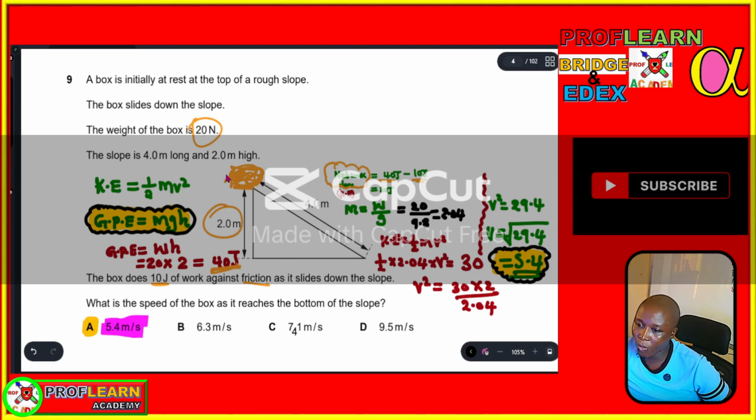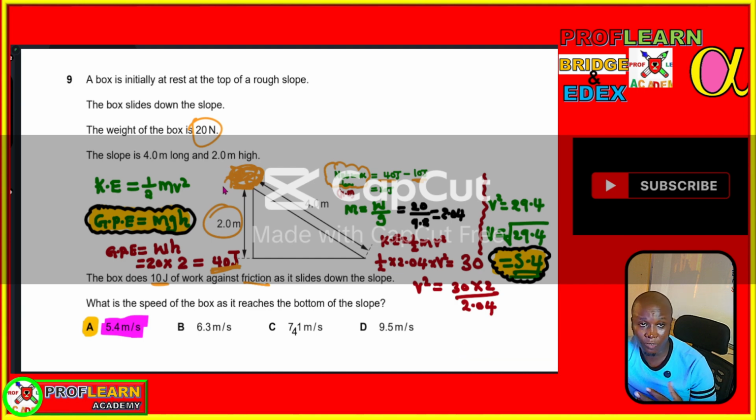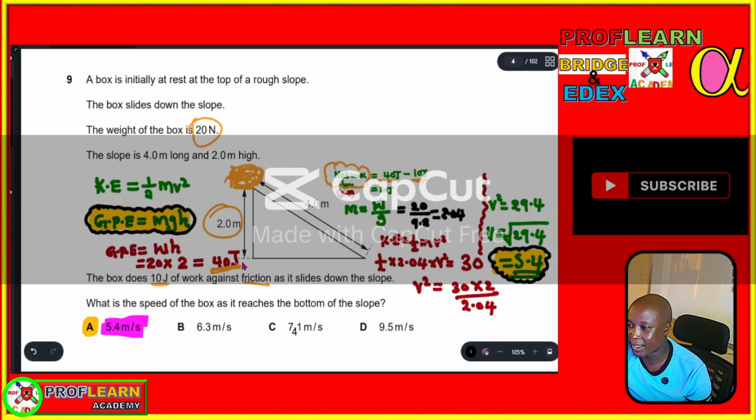Then when it slides down, it's going to work against friction. Part of the gravitational energy will be lost to work against air resistance. So the energy that is wasted is 10 joules, which means the energy that will be converted to kinetic energy will be 40 minus 10. So we shall have 30 joules as kinetic energy in that case.